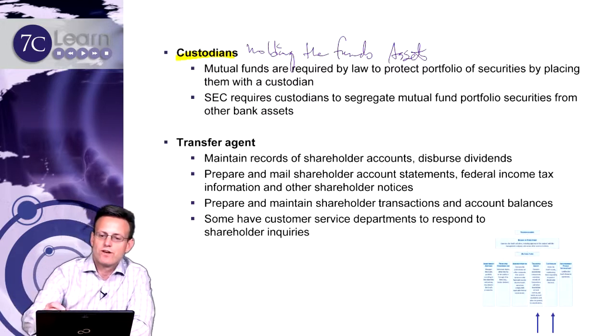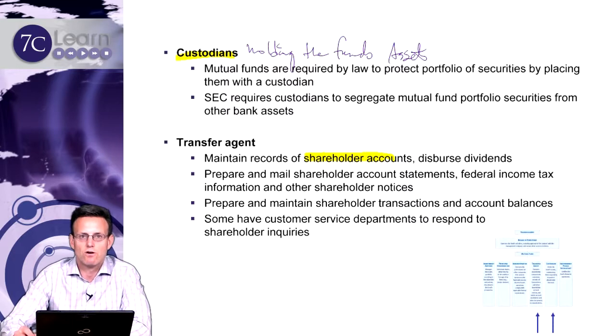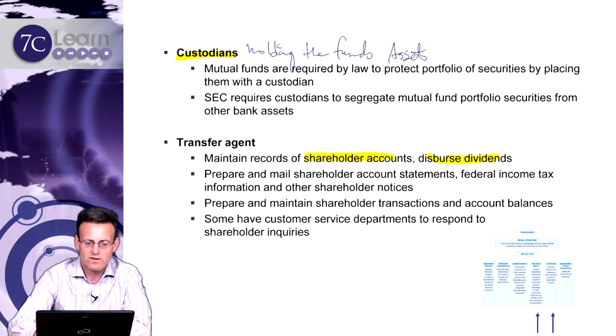Okay, the transfer agent. Well, the transfer agent maintains the records of who are the shareholders. Okay, so who owns the fund? They're also responsible for dispersing the dividends. So any information that we need to know who the holders are in order to determine who we're going to pay the dividends to, well, the transfer agent handles that.